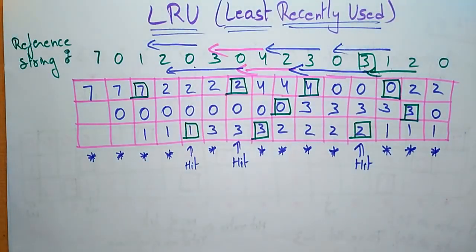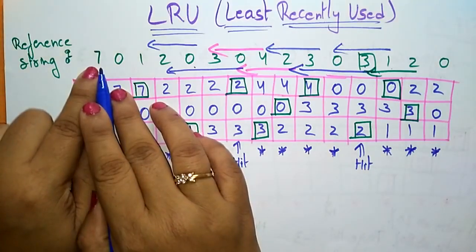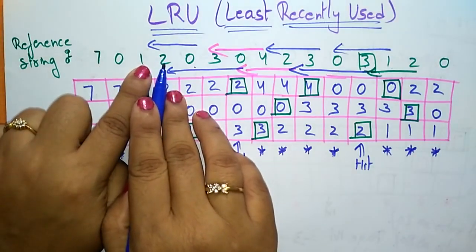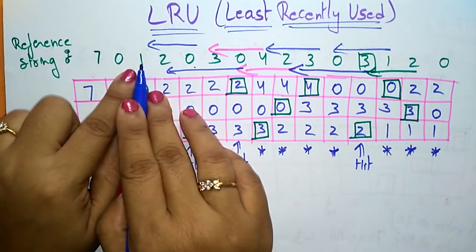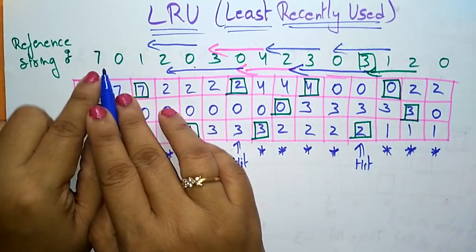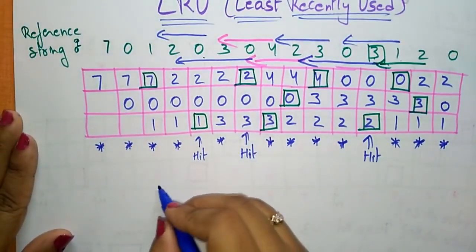So this is how the least recently used page replacement algorithm works. We have to replace the page which is least recently used. The first number is the most recently used, and the last number is the least recently used. So here, how many hits are there?